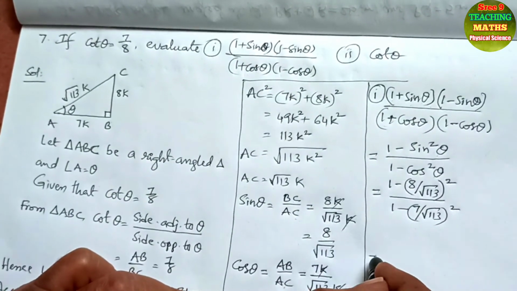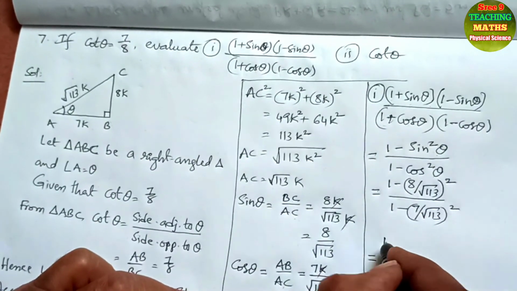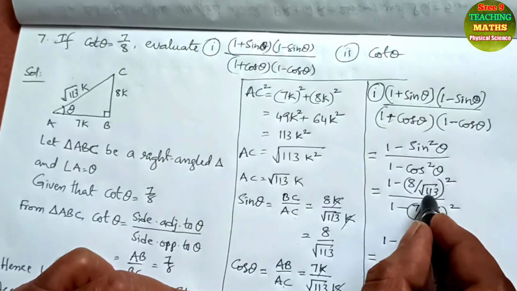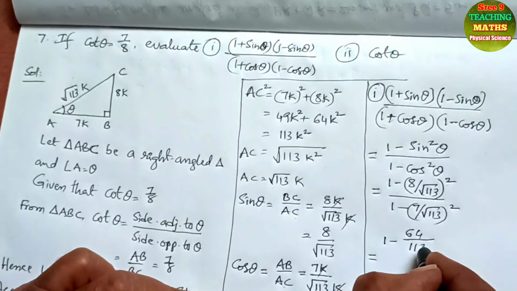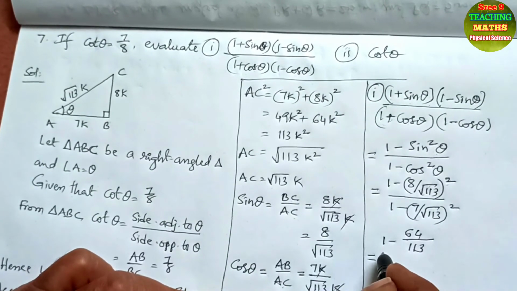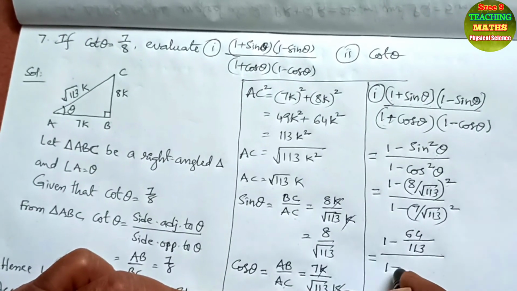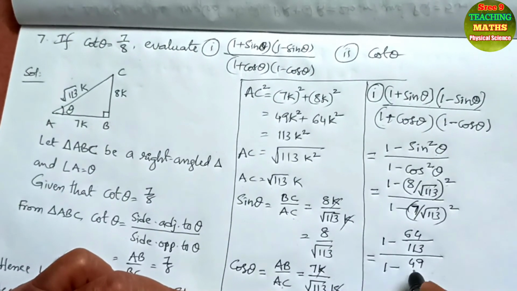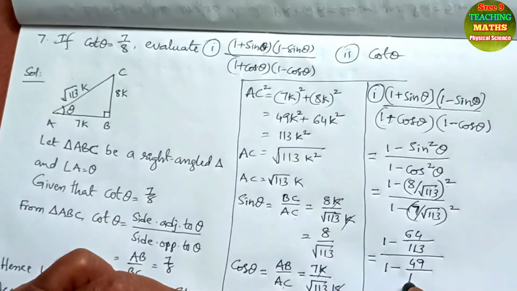Now let us simplify. 1 minus 8 square, which is 64, by 113, because the square root cancels with the square, by 1 minus 7 whole square, which is 49, by 113.